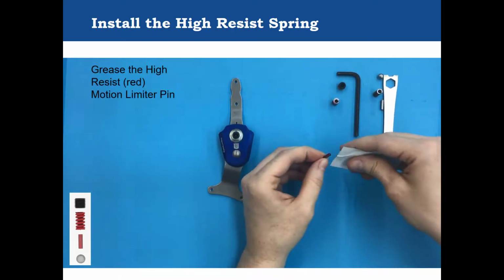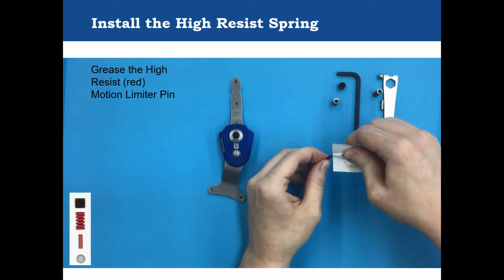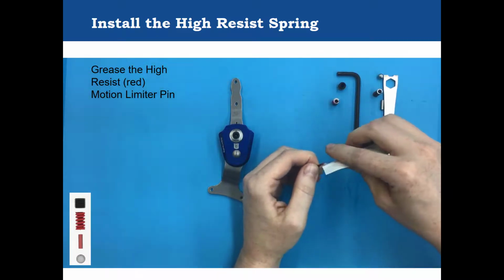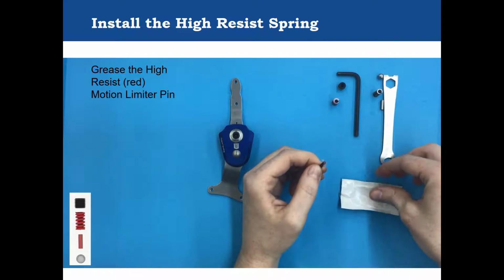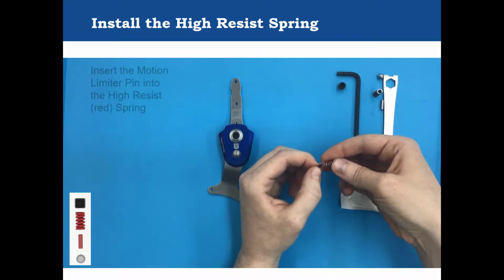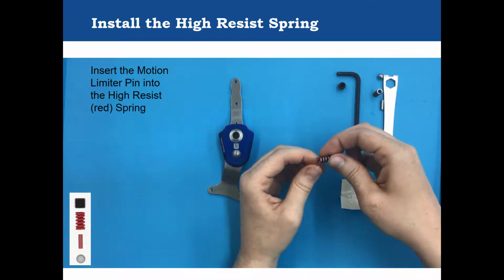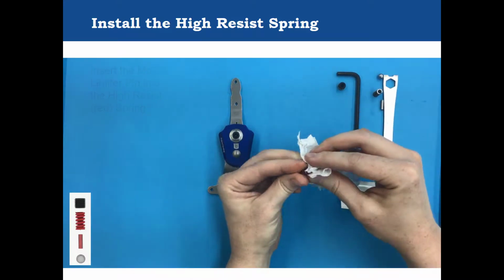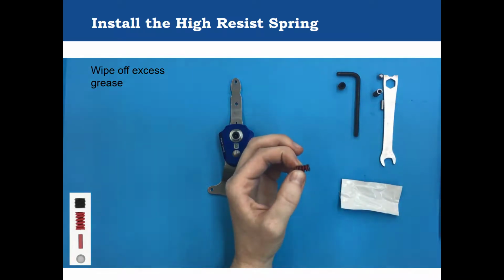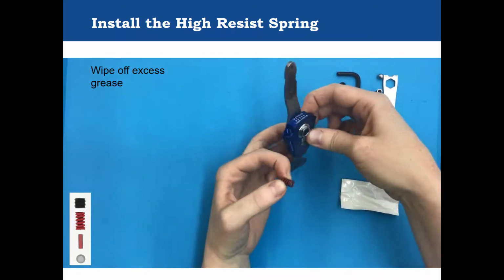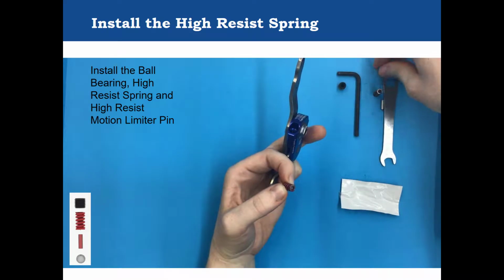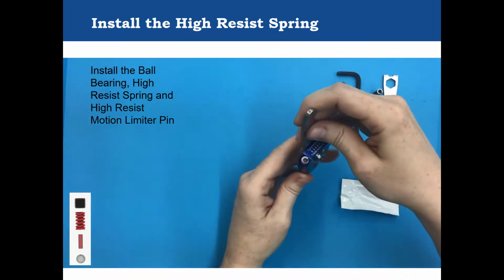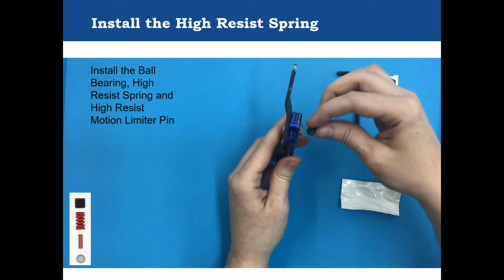Use the grease included with the component to lubricate the red motion limiter pin and insert the pin into the red high-resist spring. Wipe the excess grease from the outside of the spring. Insert the ball bearing, spring with motion limiter pin, and adjustment screw back in the spring channel to complete installation.